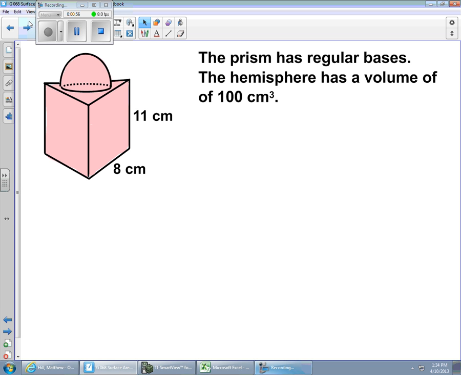It has everything to do with where various information is provided or where the information is not provided. It's simply a case-by-case basis. So you're not going to know if a problem's hard just by looking at it. You're going to have to get into it and see what the numbers do.